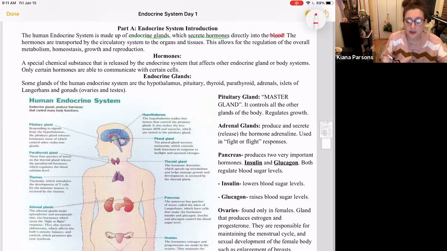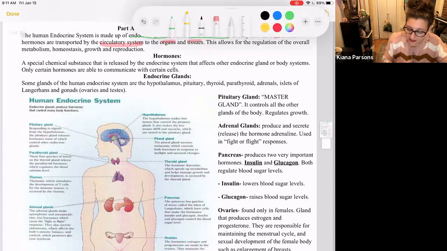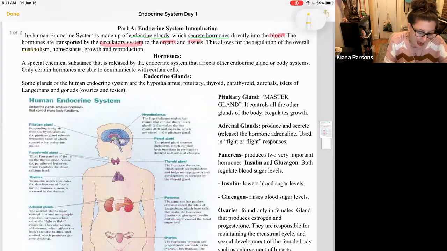So these hormones are transported by the circulatory system to the organs and tissues, and different organs and tissues have receptors that receive those messages from different hormones. And we're going to talk about that relationship between hormones and their receptors more as we continue to discuss the endocrine system. This allows for the regulation of overall metabolism, homeostasis, which is broad, right?